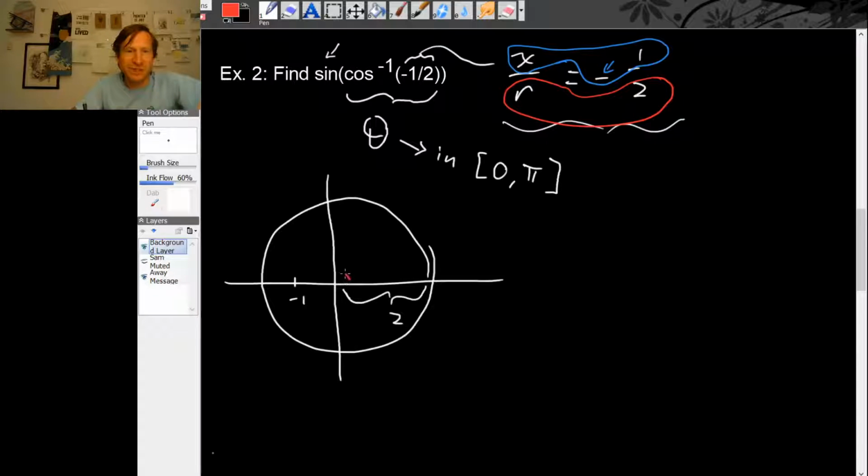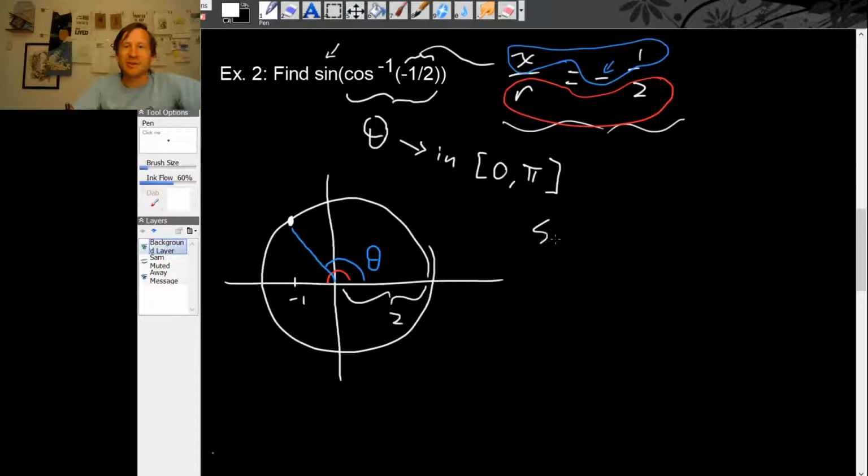In other words, it has to be in this top semicircle. So to be in the top semicircle and get this x-coordinate at minus 1, we have to be up here. So here's the angle that we are producing. So that's theta. So there's a picture of our angle theta.